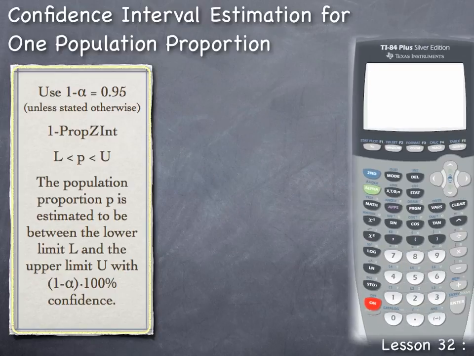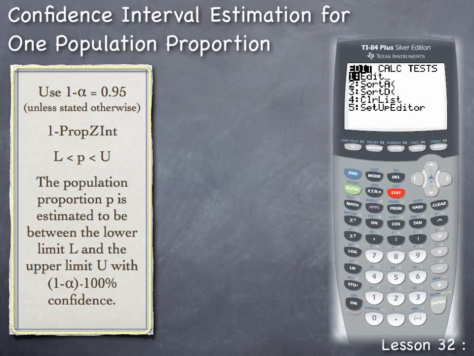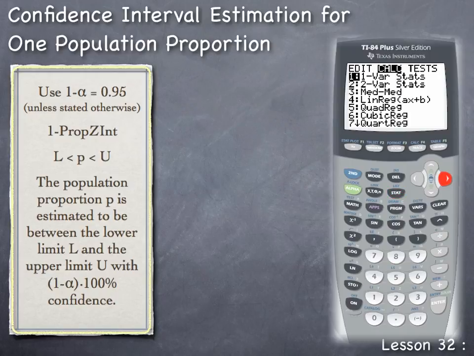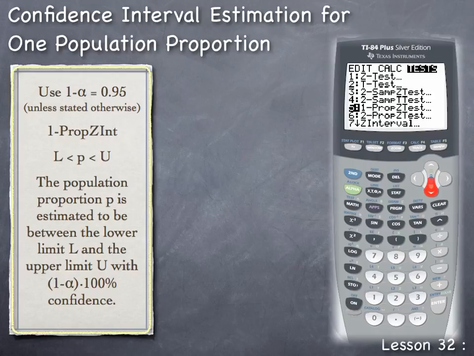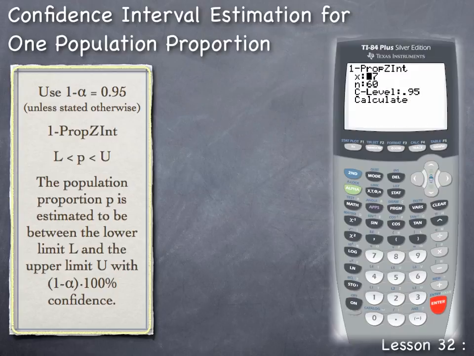So on the TI-84 calculator, we do this by pressing Stat to do statistics, arrow over to the Test menu. This is where we find all the confidence interval and hypothesis test commands. Arrow down till the cursor is next to 1-PropZInt. Press Enter to select.